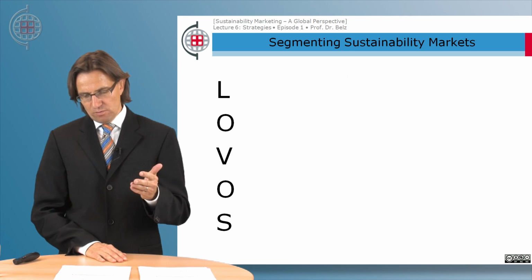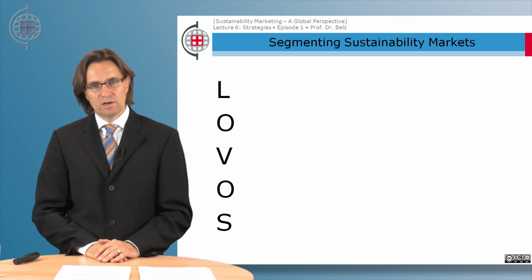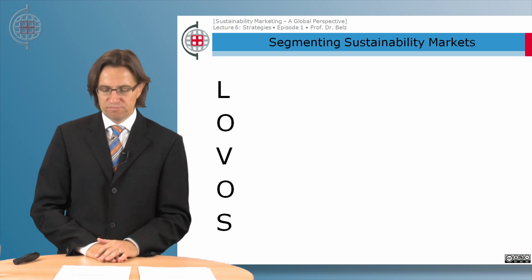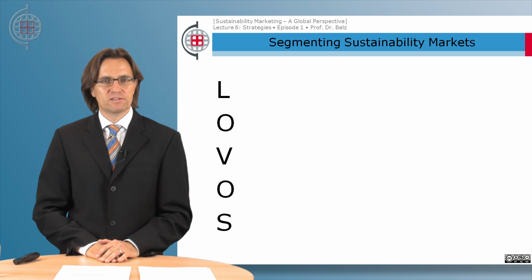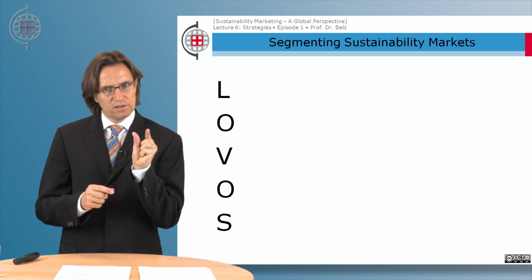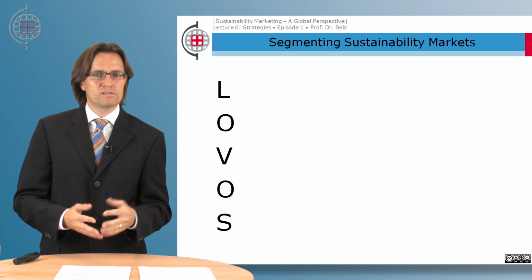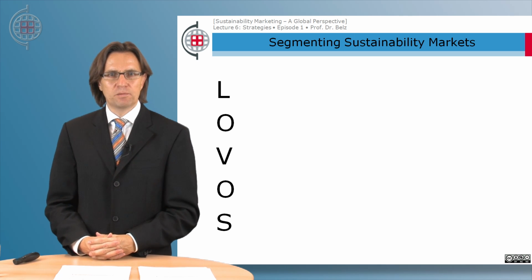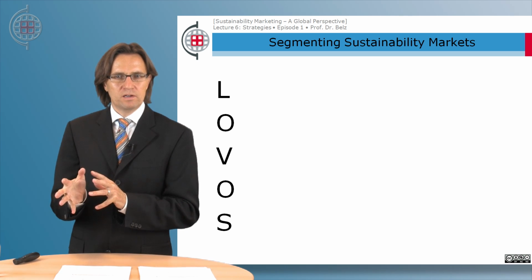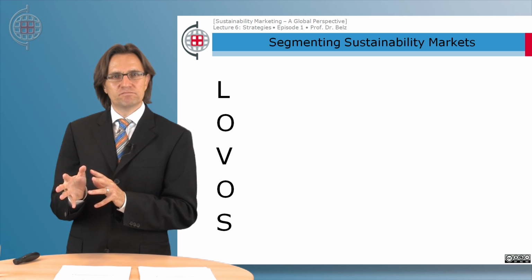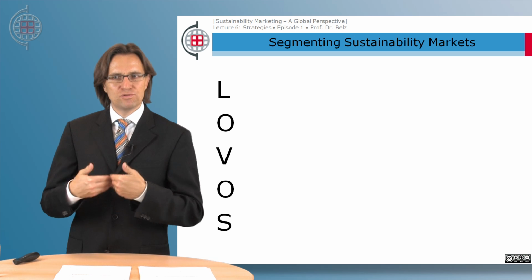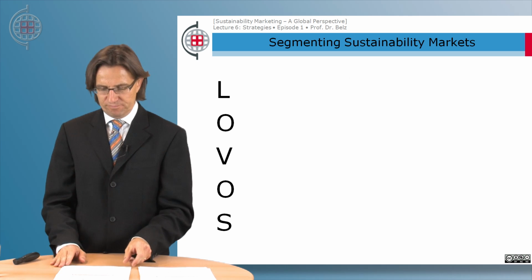Some want to reduce stress, others do it for reasons of health, or they want to have more leisure time with their friends and families. It's still a small segment, but it's increasing as well, especially in these turbulent times. This is another segment sustainability marketers have to think of and target how to enhance a simple life.